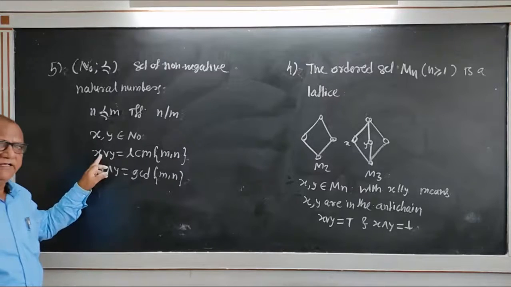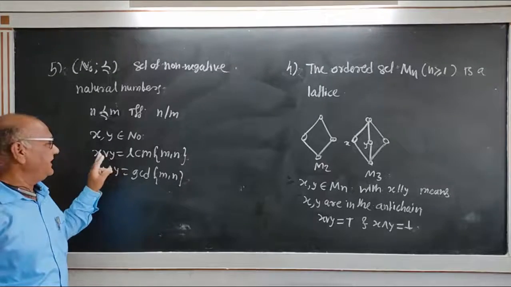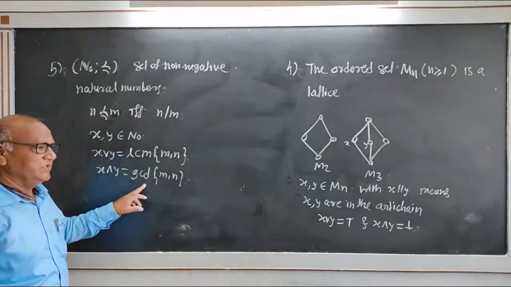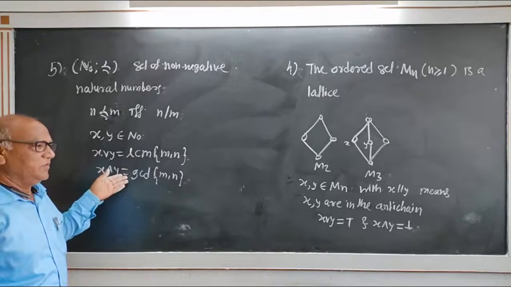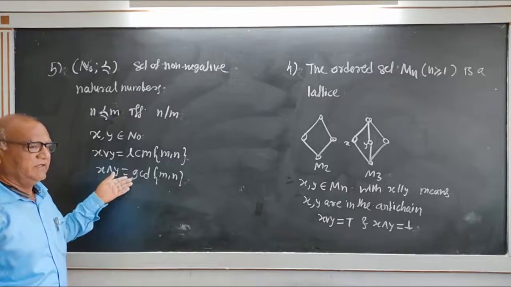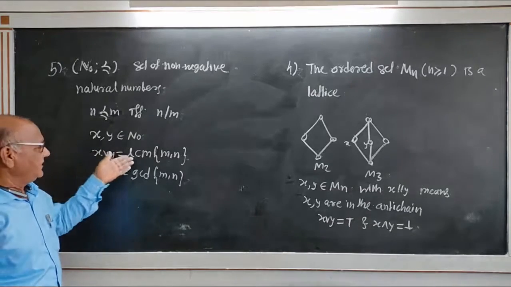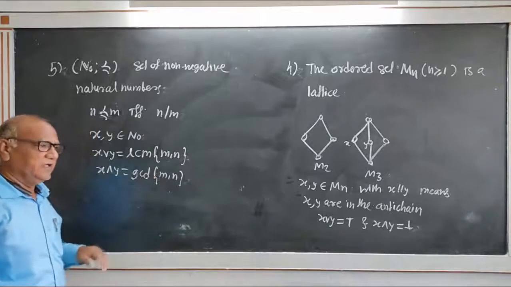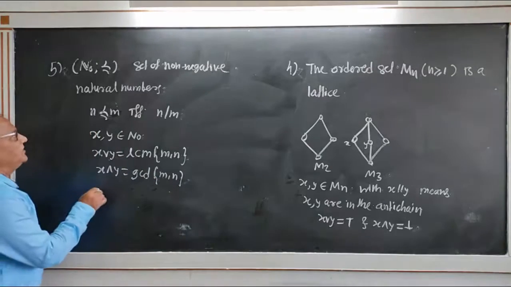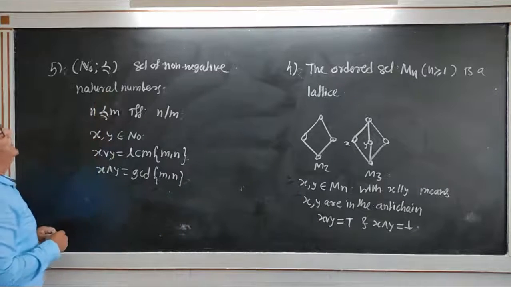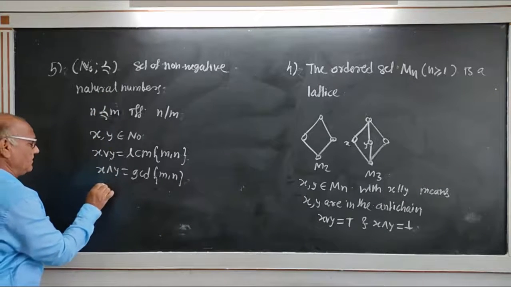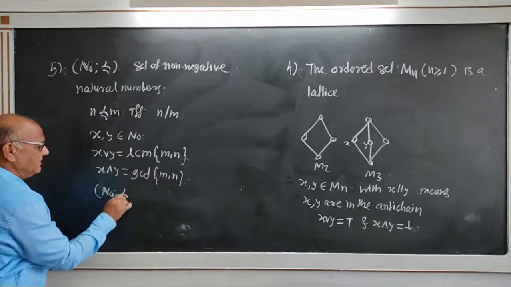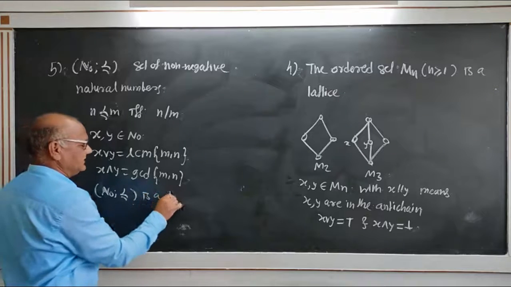With the division relation, the join defined this way as LCM and the meet as GCD, every two non-negative integers have an LCM and a GCD, and so it is a lattice. Therefore N_0 is a lattice.